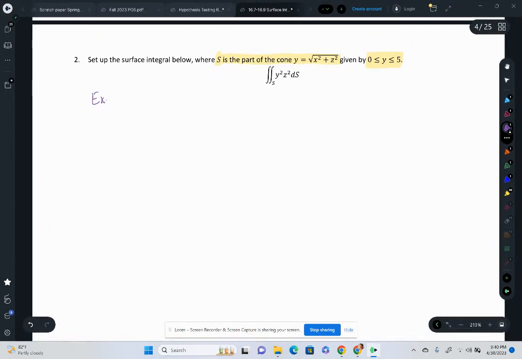So in an explicit function, x and z get to be themselves, and then y is going to be, so if we are going to parameterize it, x and z are the parameters, and then we would have x gets to be x, y is the square root of x squared plus z squared, and then z gets to be z, okay?